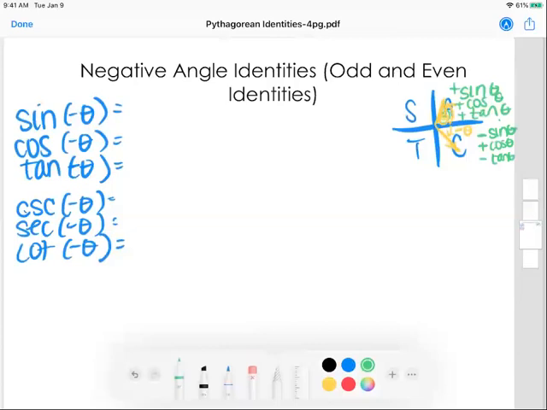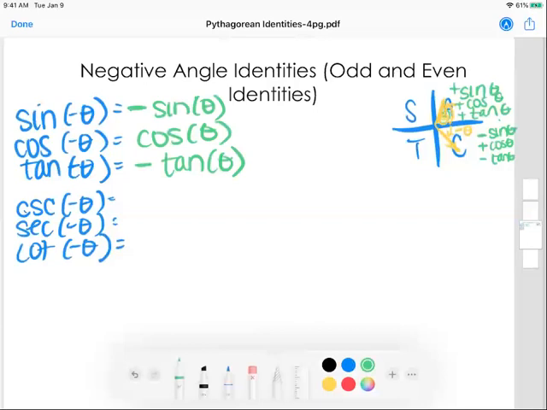Sine of negative theta is going to be negative sine of theta. Cosine of negative theta is positive cosine theta, so we don't need to write positive. Tangent of negative theta is negative tangent of theta.